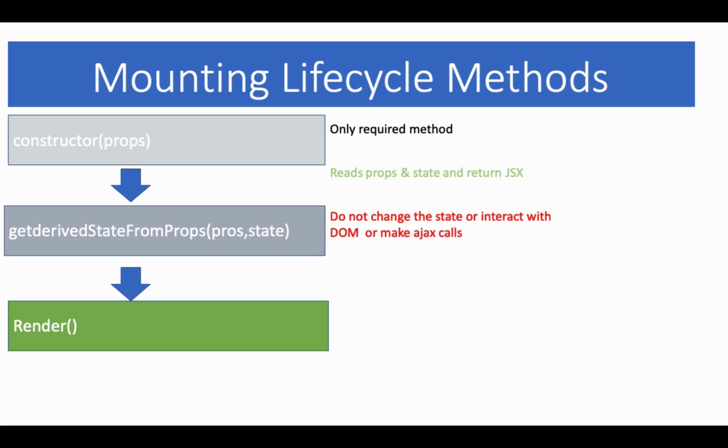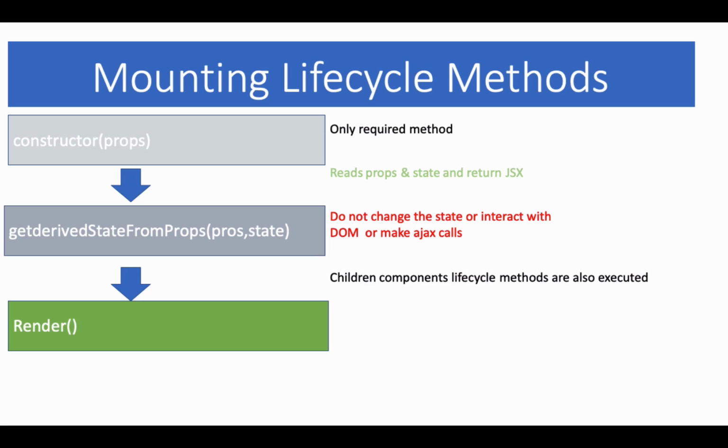Since the render method returns JSX, which may also contain other child components, right after the parent's render method, the children's component lifecycle methods are also executed. We'll see this order of execution very shortly in code.